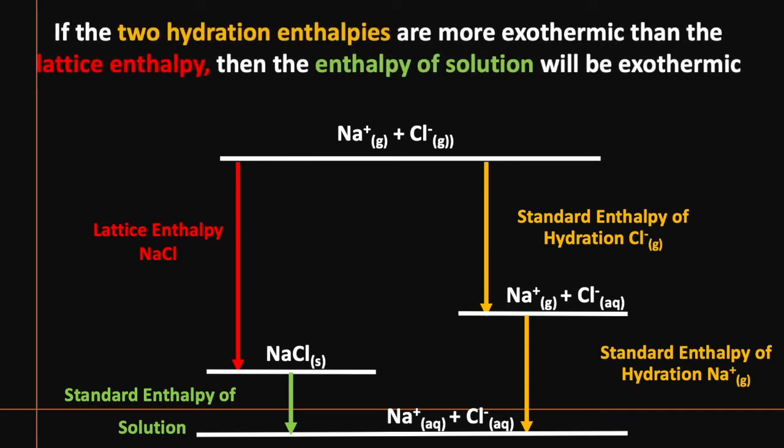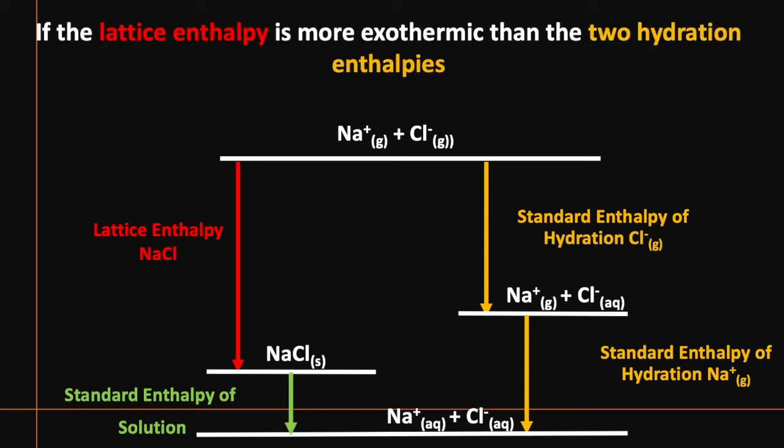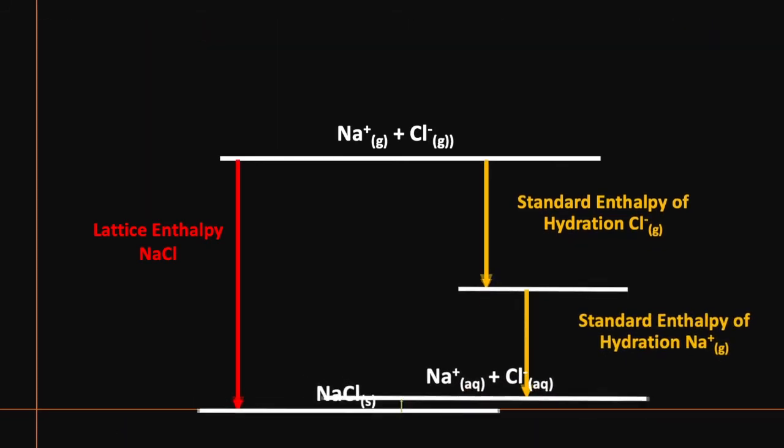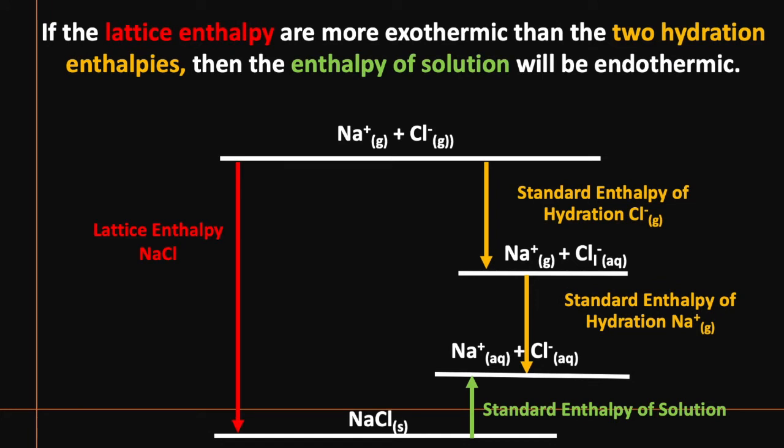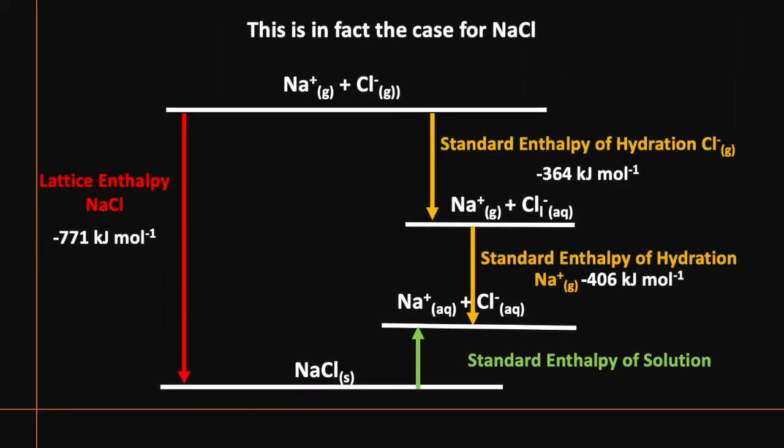If the two hydration enthalpies are more exothermic than the lattice enthalpy, then the enthalpy of solution will be exothermic, as we've shown here. However, if the lattice enthalpy is more exothermic than the two hydration enthalpies, then the cycle will change, and our standard enthalpy of solution is now endothermic. And that is in fact the case for sodium chloride.